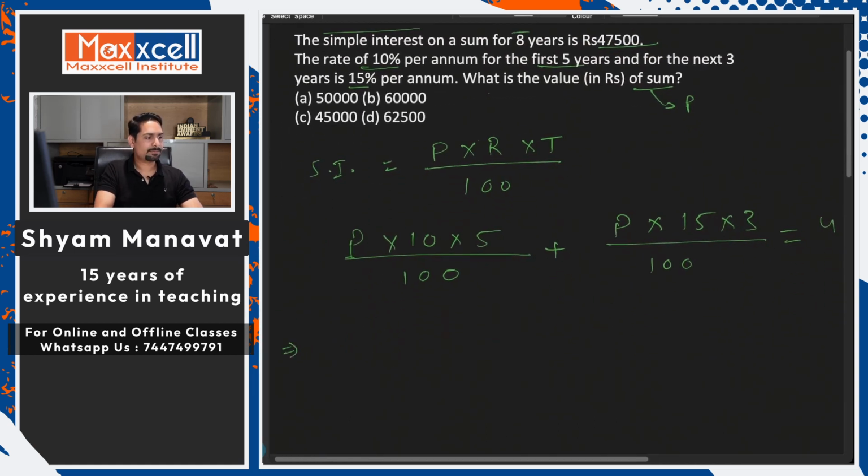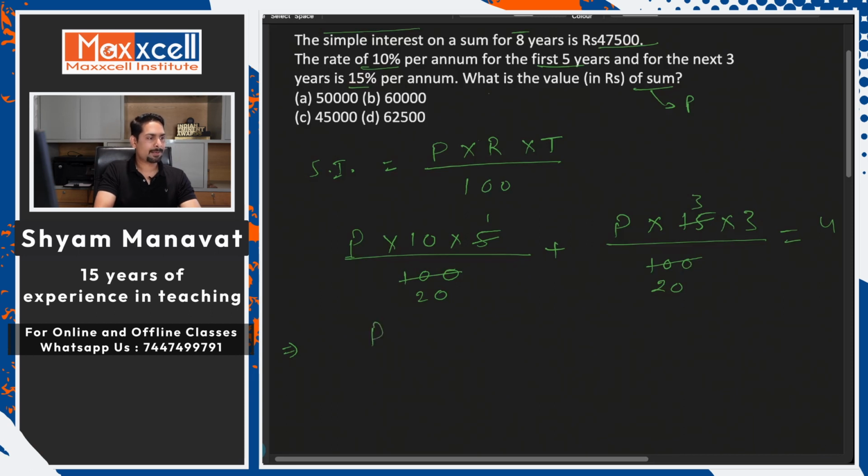Let's simplify this part. What do we get here? 5 2s are 10. Here 5 1s are 5, 5 2s are 10. I'm not the person who does a lot of calculation in advance, so I'll keep it like this, and I'll tell you why.